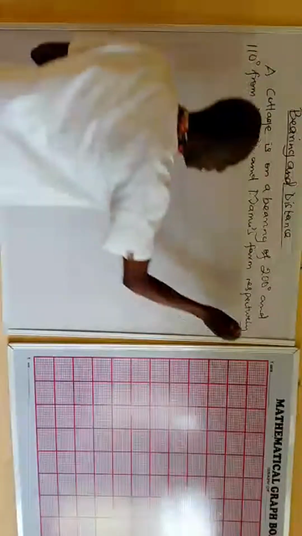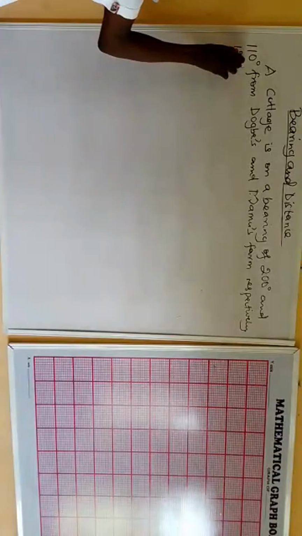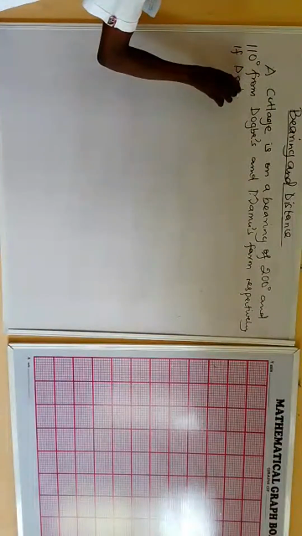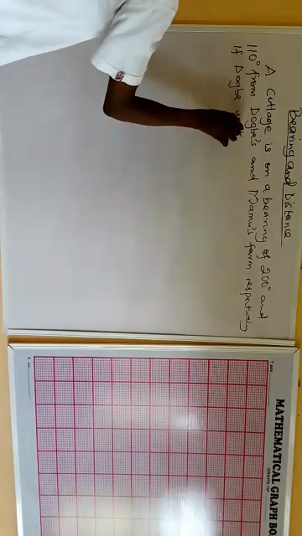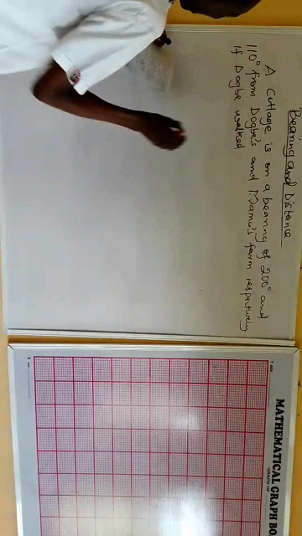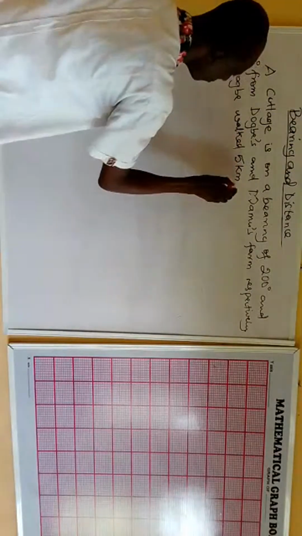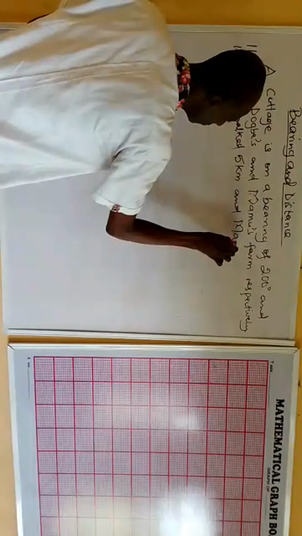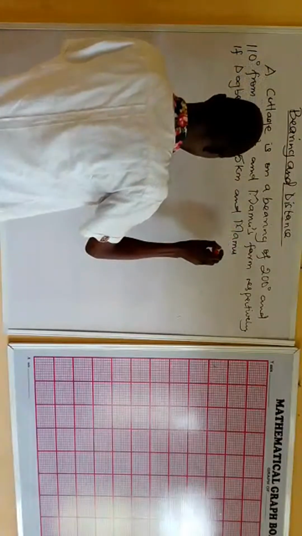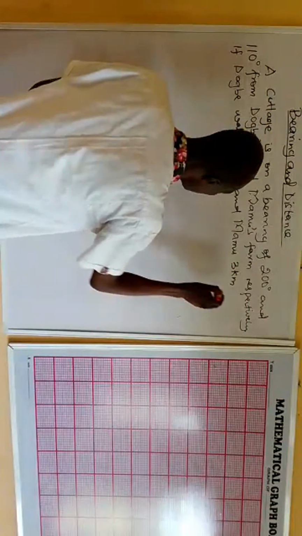If Dugbe walks 5 kilometers and Mammoth is 3 kilometers from the cottage.